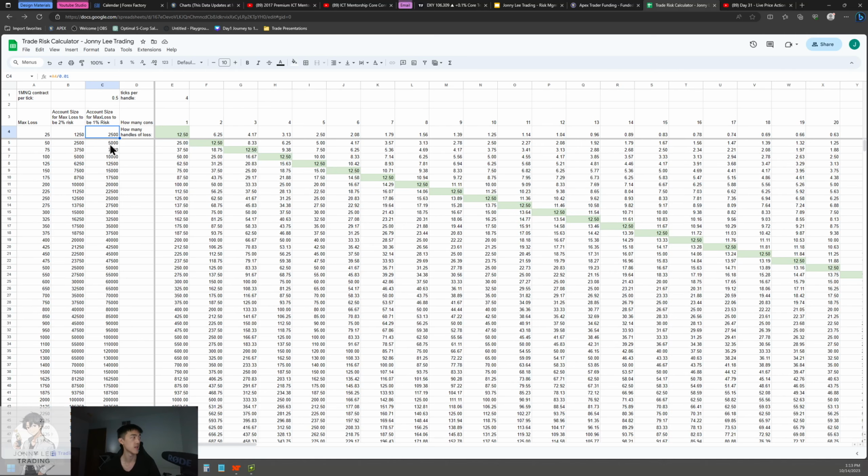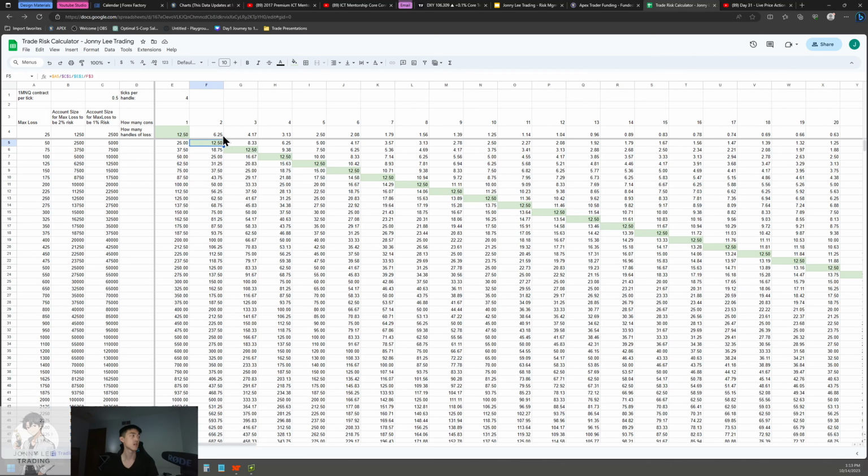Let's say I have $5,000 in my account, net $5,000. I can choose to risk 1%, and that would equal $50 here. And I could actually use 2 contracts and a whole stop loss of 12.5 points in order to reach that $50 loss if I were to get stopped out within my parameters.